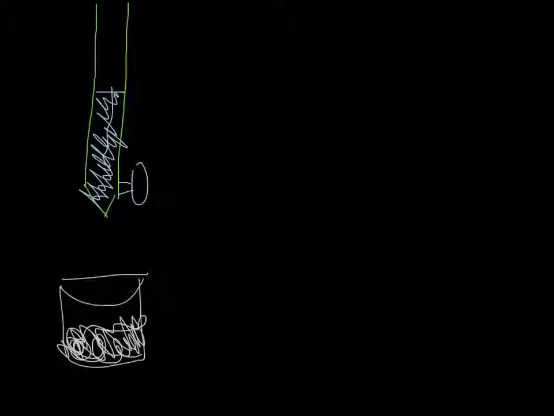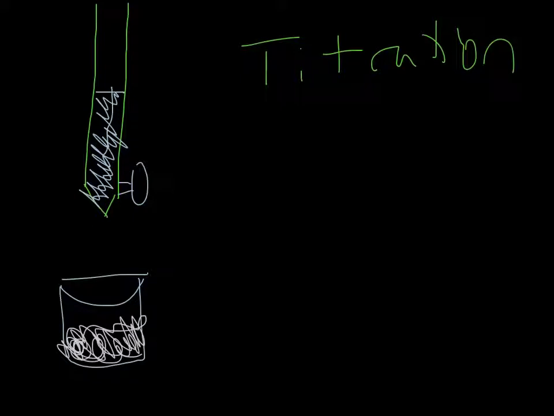Alright, so this is, well, it's hard to draw on this thing, but this is supposed to be an example of titration. So titration is a process usually used to determine the pH of an acid or the concentration of an acid, which is very related to the pH.